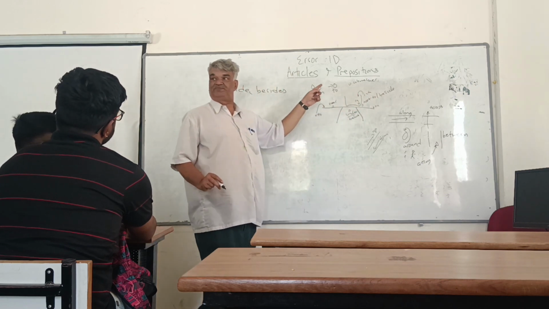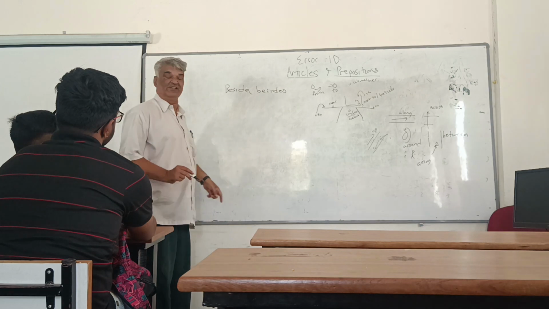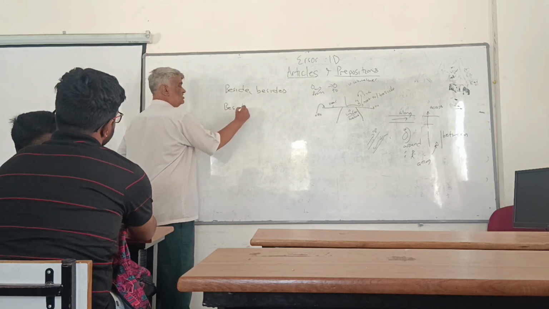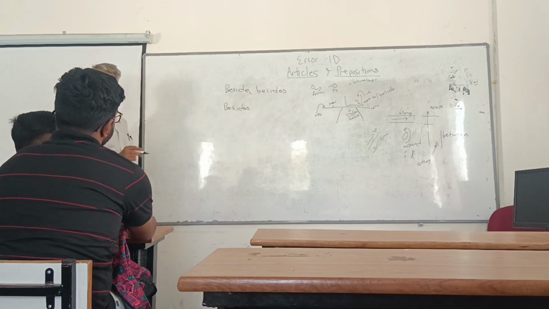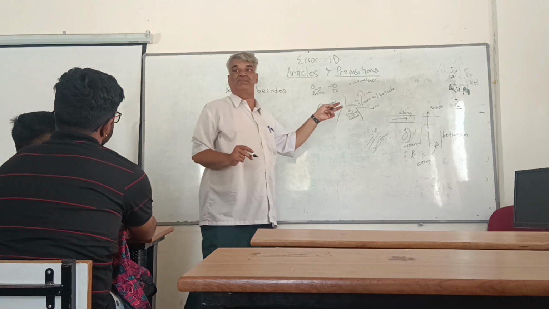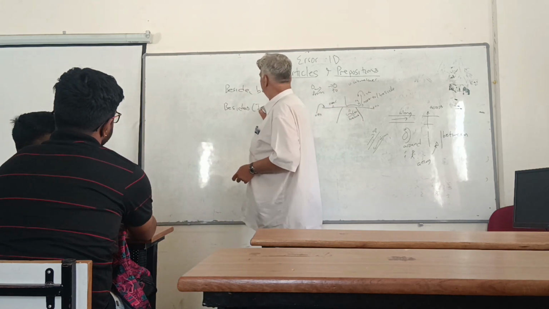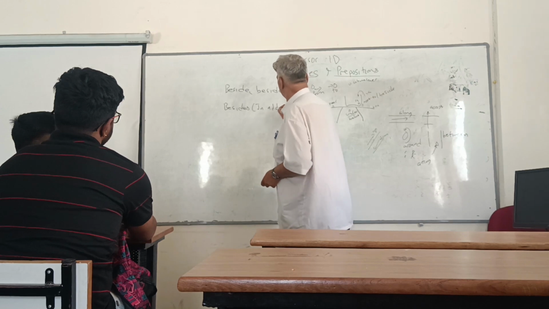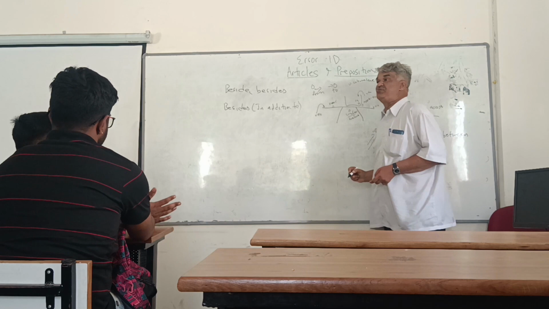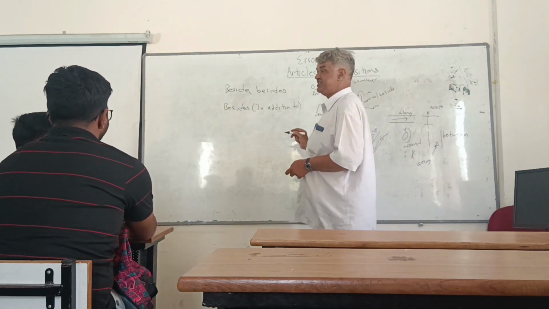But besides, if you add the S, we can say, besides the captain, 2 other players scored a century. Besides means in addition to. In addition to the captain, 2 other players scored a century.